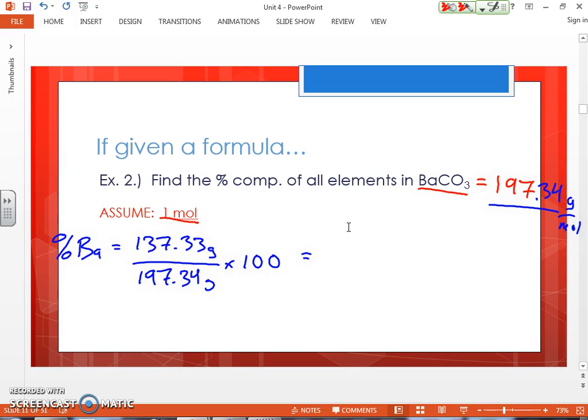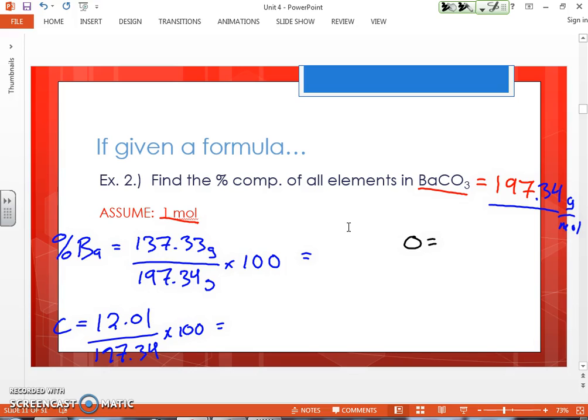We're going to do the same thing for carbon. Carbon is equal to 12.01 divided by 197.34 times 100. And then I've got one more, and that's oxygen.